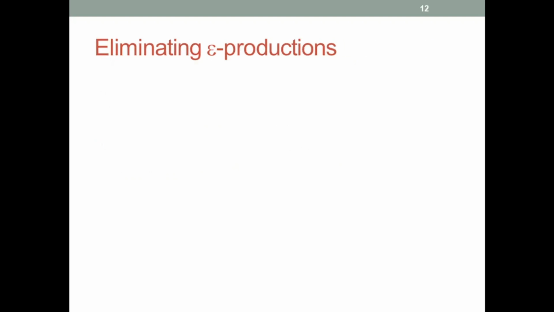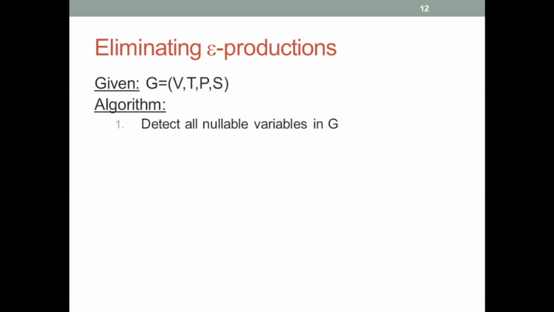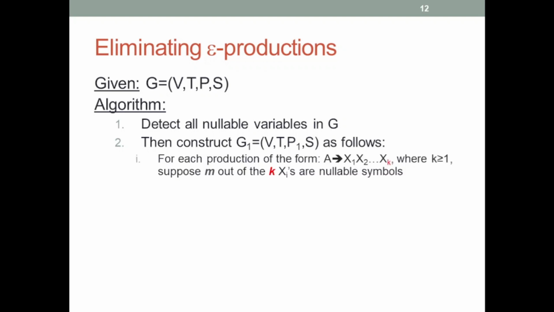Next, how can we eliminate null production? Given G = (V, T, P, S), use the algorithm to detect all nullable variables in G. Then construct another grammar G1 = (V, T, P1, S) as follows.